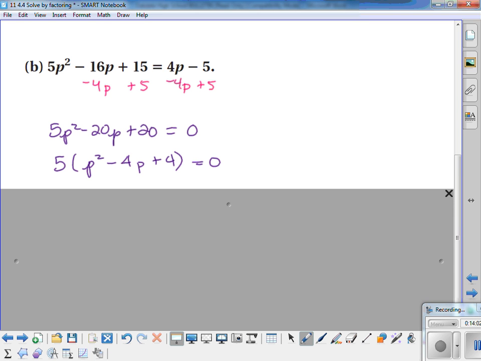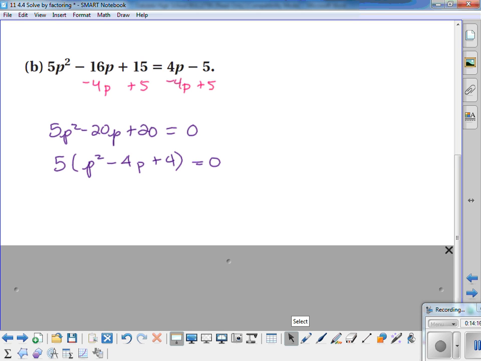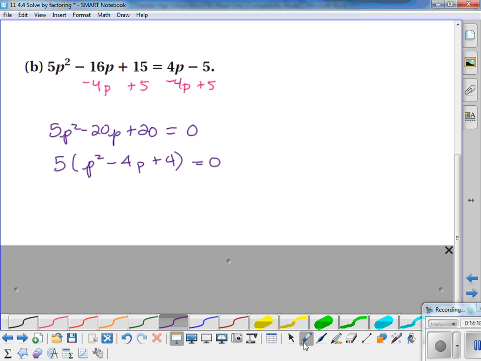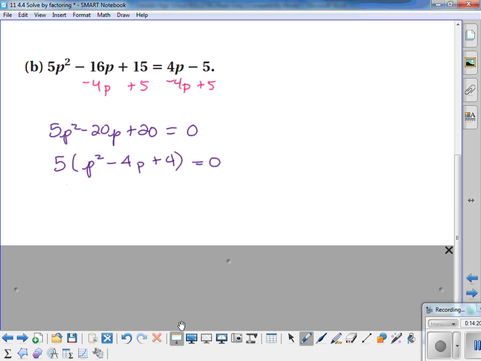So, do you guys notice anything about that one? P squared minus 4p plus 4? If you multiply it out, you get that same answer at top. Yeah, but that's not what we want to do. What's that going to factor to?